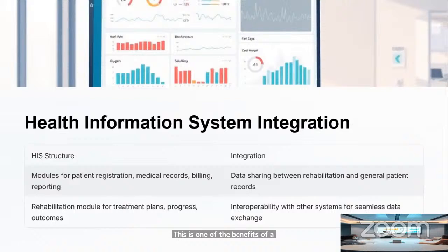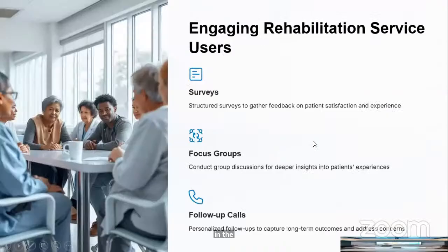And then the other one is the interoperability of the system, meaning the health information system is ensured to operate within and with other systems, so that it enables seamless data and information exchange across departments, facilities, units, services, and so on and so forth. It is very key in ensuring proper evaluation of rehabilitation services.